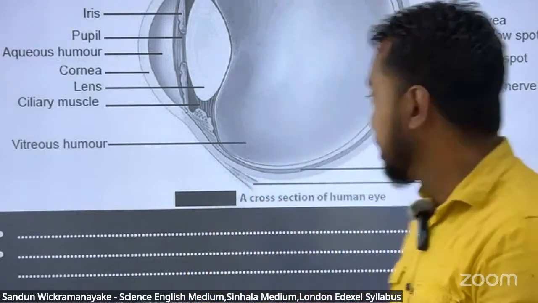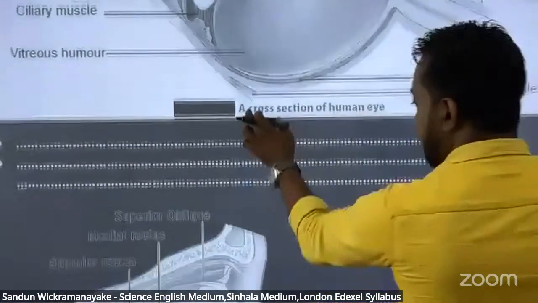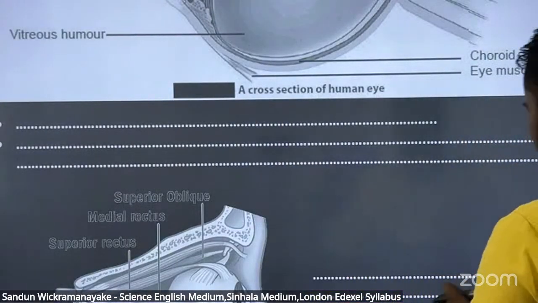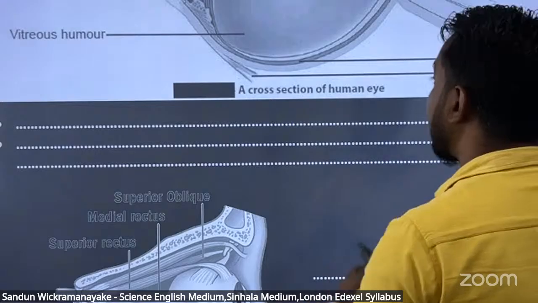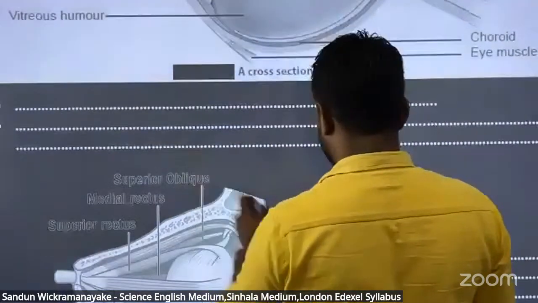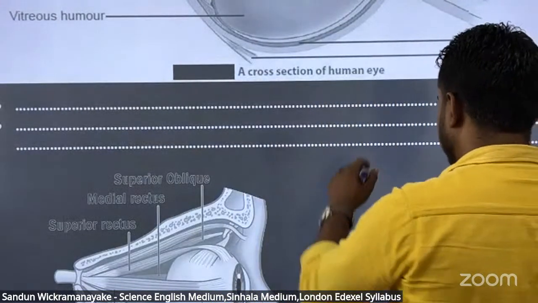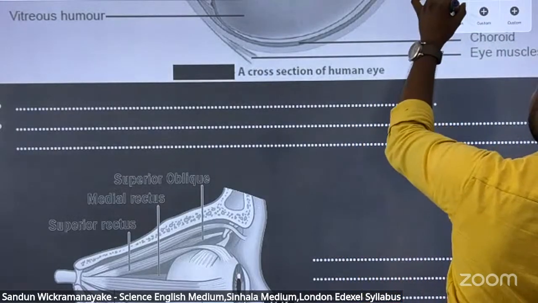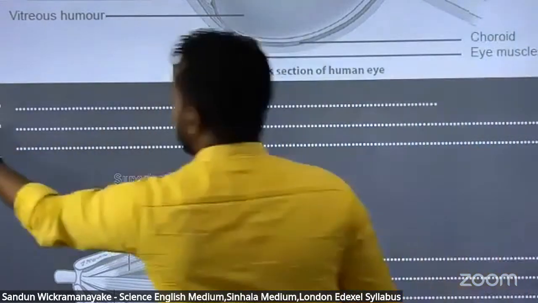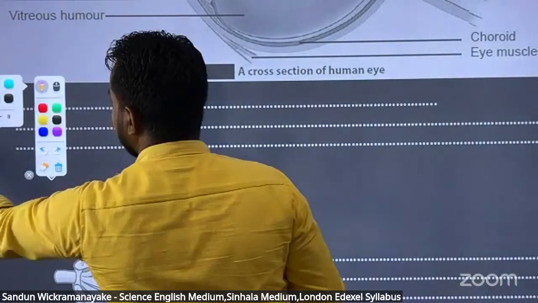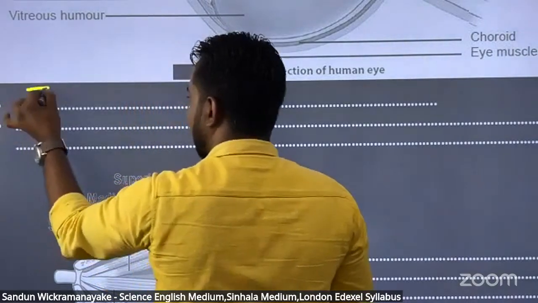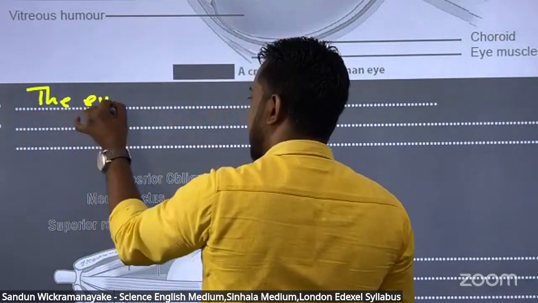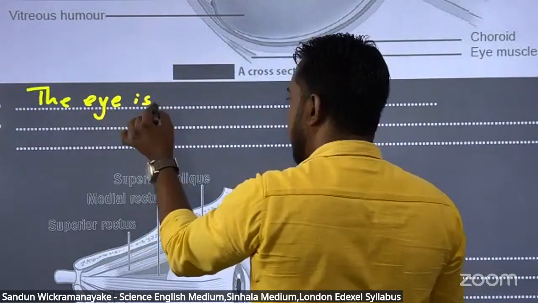Okay, we should start our writing. The eye is the optic sensory organ.